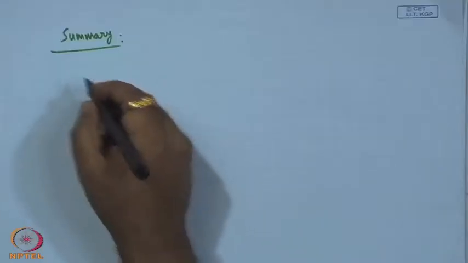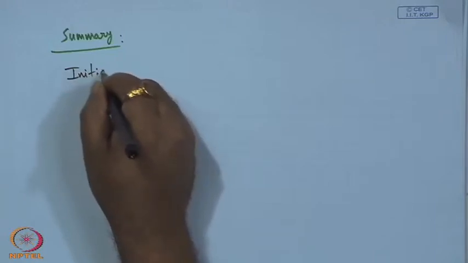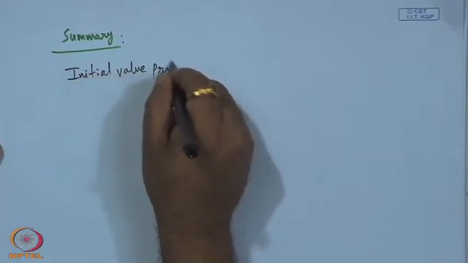Okay. So, we started with single step methods for initial value problems. I will just put a summary quickly and then we move to the appendices. So, initial value problems.